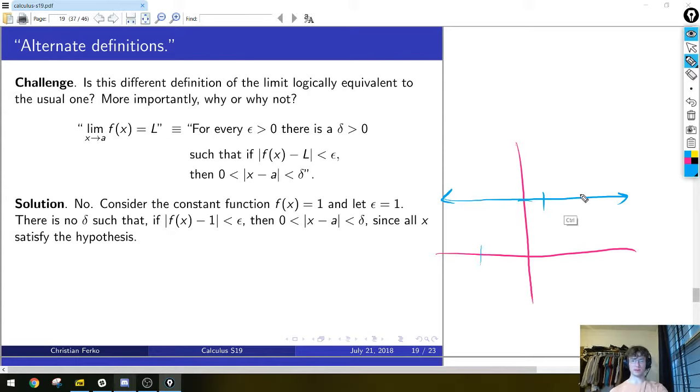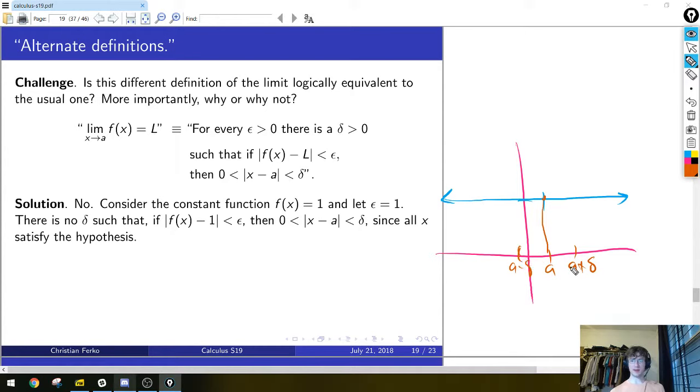Or in other words, can you find any delta, a plus delta and a minus delta, so that all of the inputs which give an output of 1 for this function will lie within that interval?